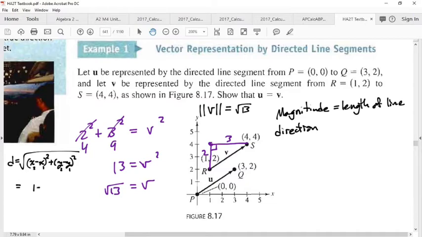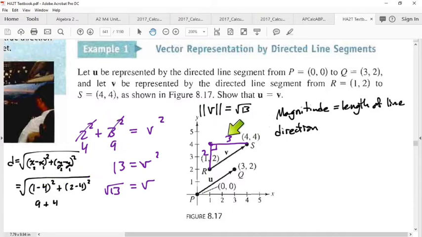So for those x's, you would take the 1 and the 4, subtract them, and then square it. You take the y's, subtract those, and square it. And guess what you get? You get 9 and 4. That's because 1 minus 4 is negative 3, which is the same thing we got right here.